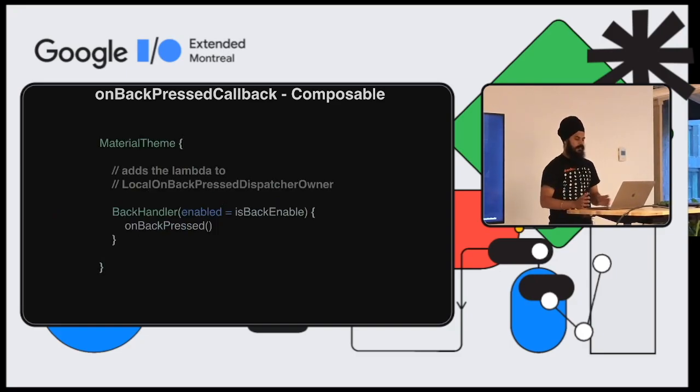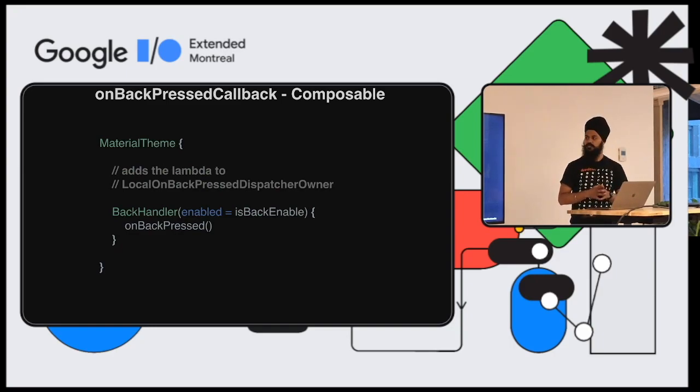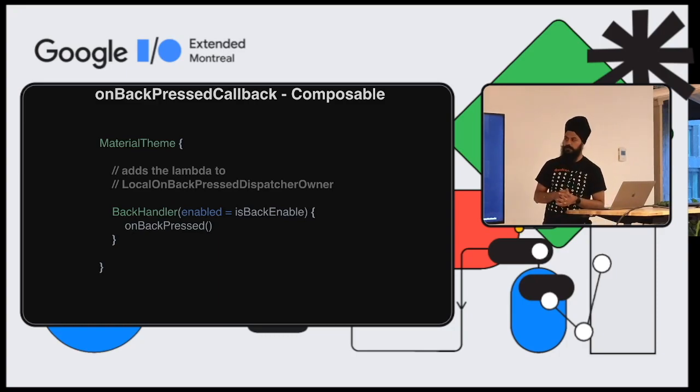So that was the old way of doing things, or rather, not exactly the old way. But if you are heavily developing your applications using composables like Jetpack Compose, there is a composable available for us. If you want to handle backpress in your compose functions, the function is called BackHandler.